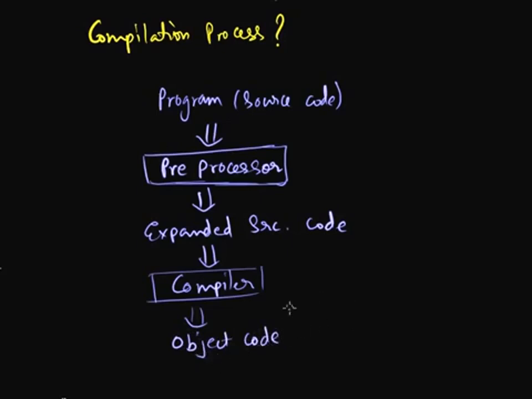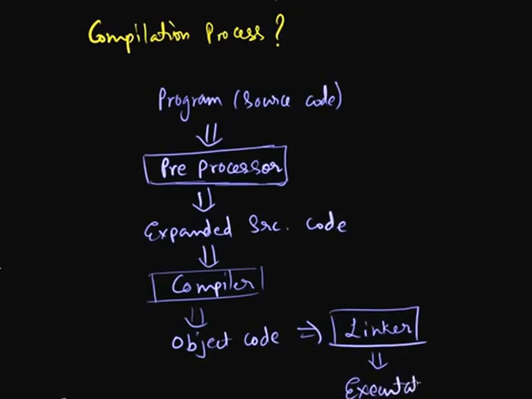Now this object code goes into a software called the linker. Now this linker outputs the executable file, which can be executed on a computer, which can be run on a computer.